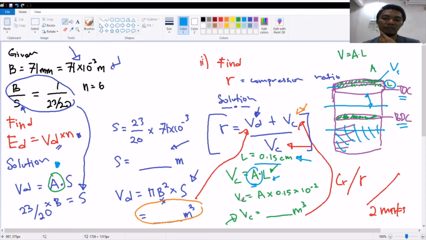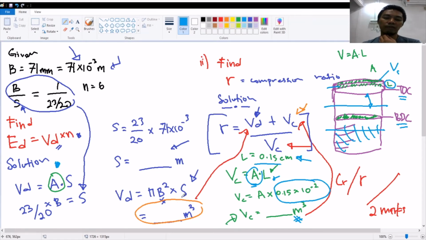So simply to find the VC, we multiply A times 0.15 times 10 to the power of minus 2. This is to change the unit of length into the basic unit, meter. So you can get the clearance volume in cubic meters. After you get the VC, you can plug in all the values that you already have.